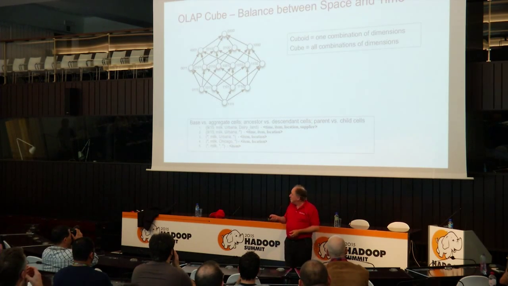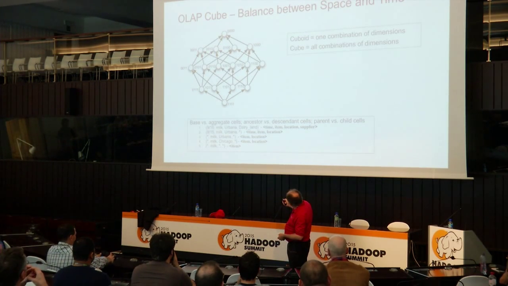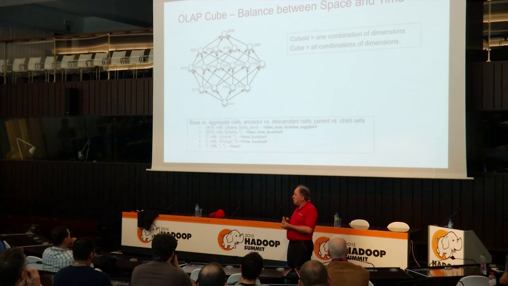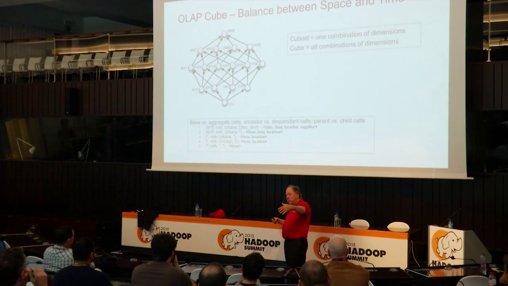This is a picture of a hypercube where we have 4 variables like we talked about, and there's a binary number according to the presence or absence of that dimension in the group by characteristic. And so you can see all of the possibilities there, but the cool thing is we could first group by all of the variables. That'll give us a very big cuboid table with very small amounts of aggregation.